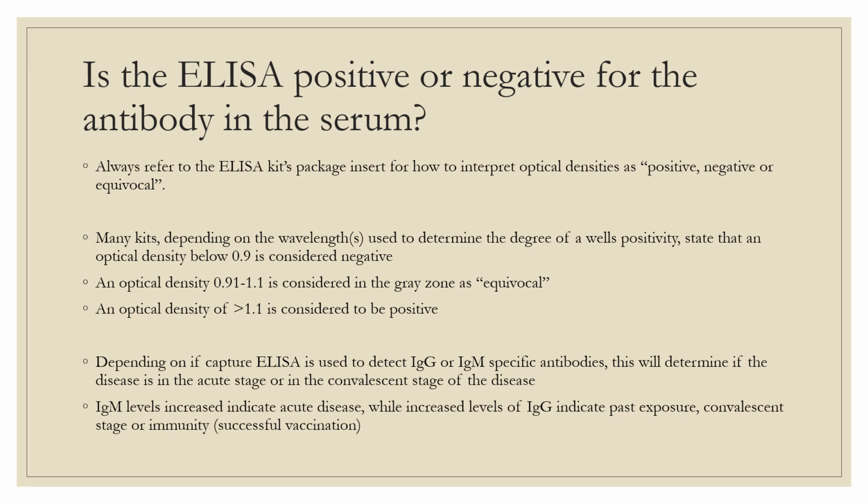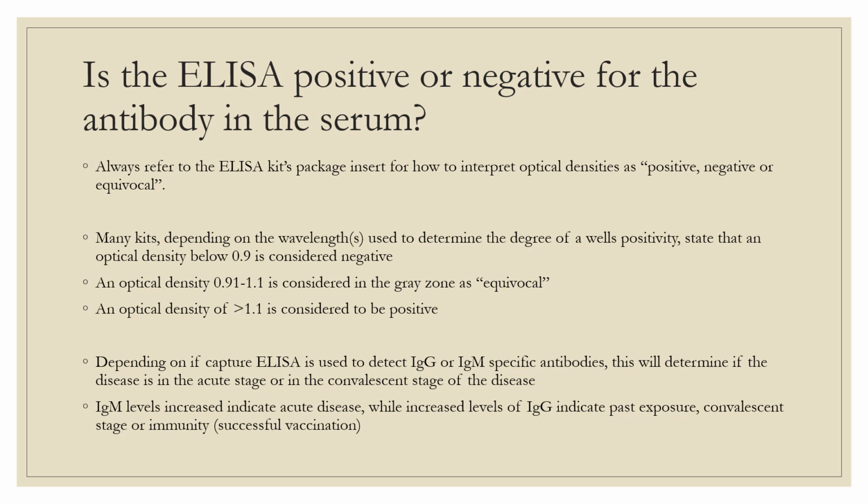An optical density on most kits of 0.91 to 1.1 is considered equivocal, and an optical density of greater than 1.1 is considered to be positive. Depending on whether capture ELISA is used to detect IgG or IgM specific antibodies, that's going to determine whether or not the disease is in the acute stage or the convalescent stage of the disease.